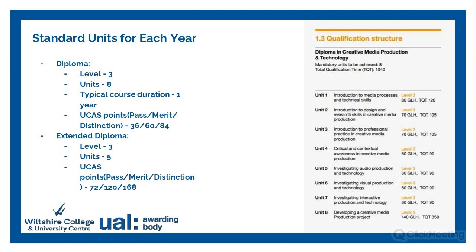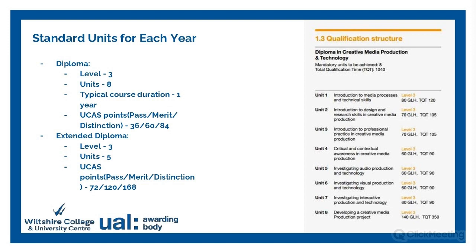And then in second year, which is the extended diploma, you get 72 UCAS points for a pass, 120 for a merit, and 168 for a distinction. So those points, if you continue on to the extended diploma, are the points that you'll take with you if you're wanting to apply for uni. Most uni courses are 120 points plus, so achieving those merits and distinctions in that second year is a key factor.